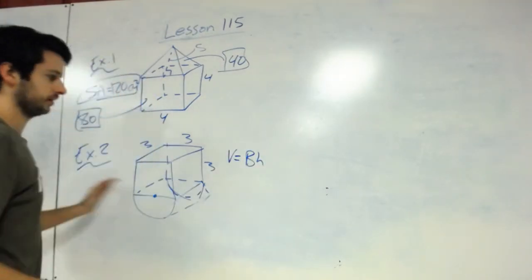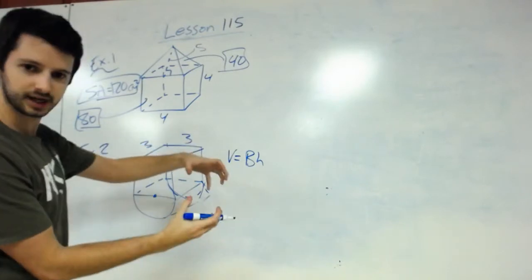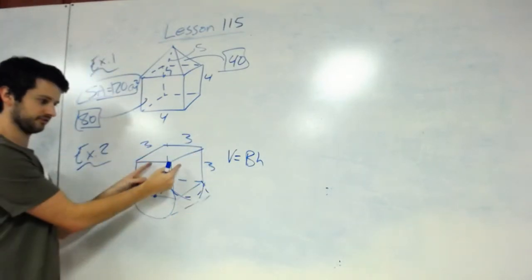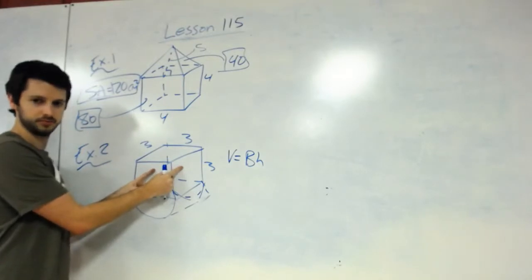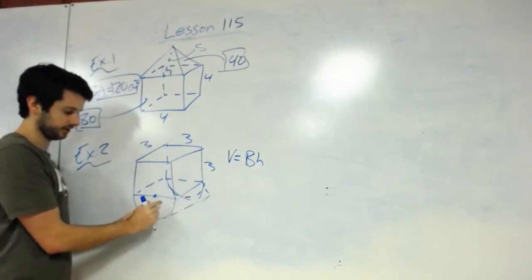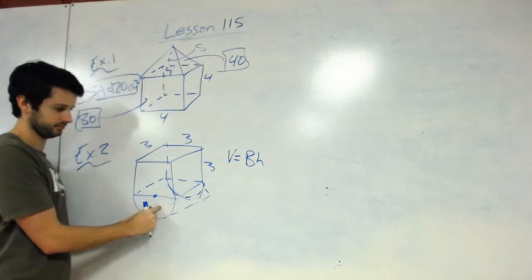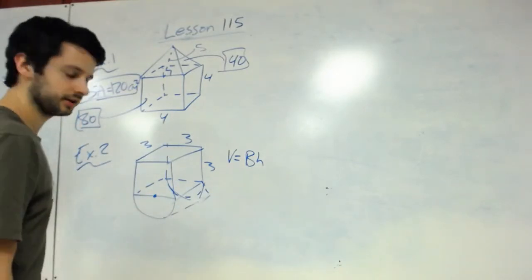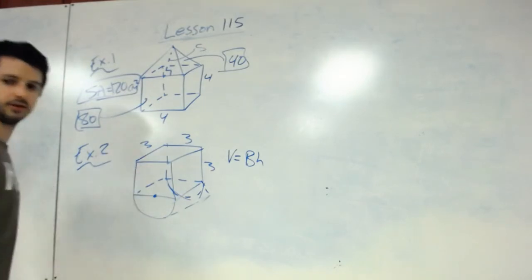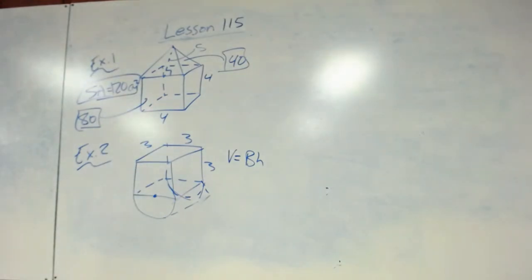Now volume is everything inside. So really we're just going to take the volume of this prism cube and add it to the volume of the hemisphere.